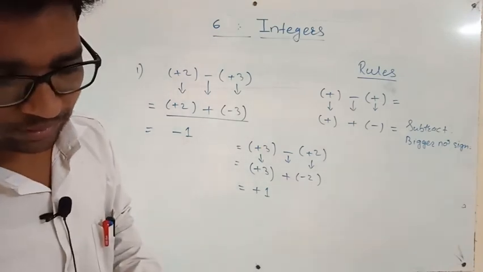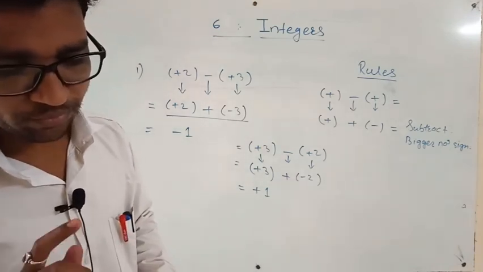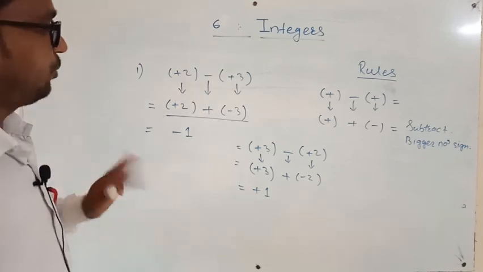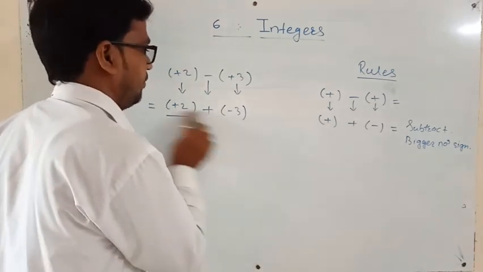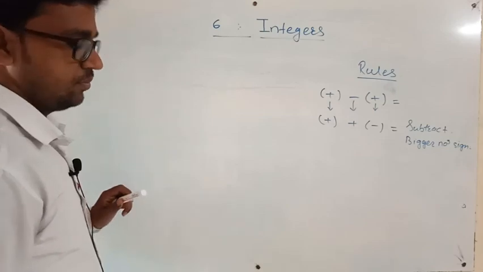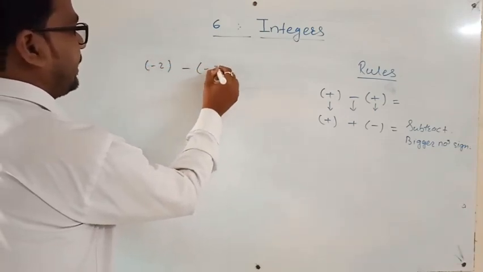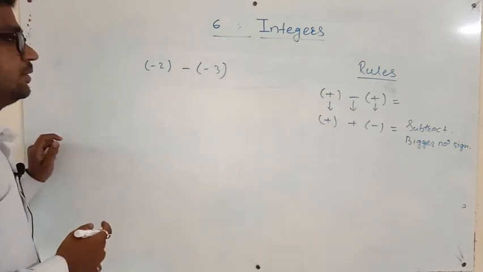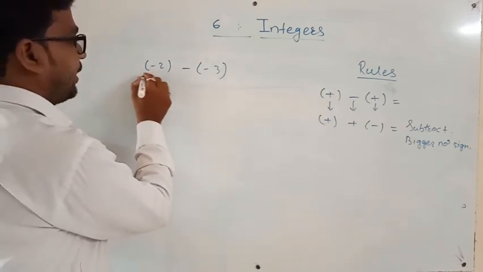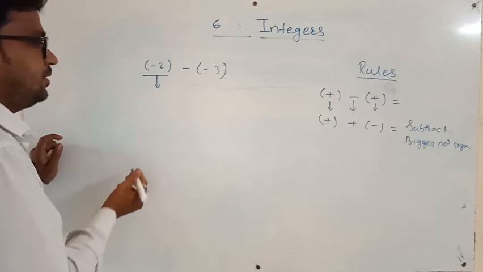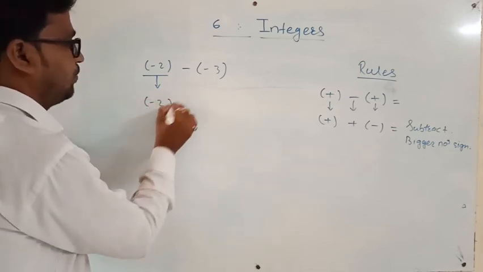We will take another example. Same, negative, if both the numbers are negative. Negative 2 minus negative 3. Same numbers I will take here. So take the first number as it is, so it is negative 2.